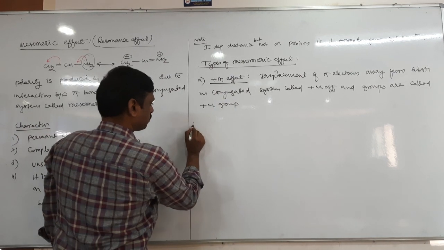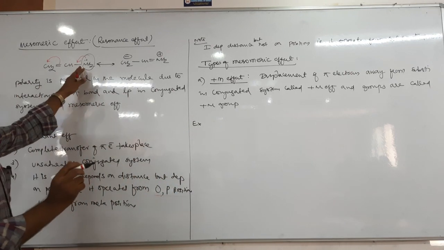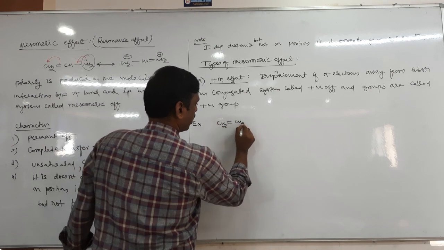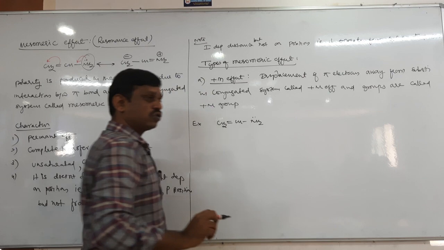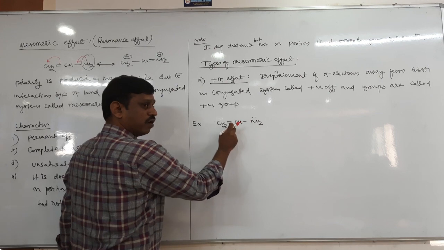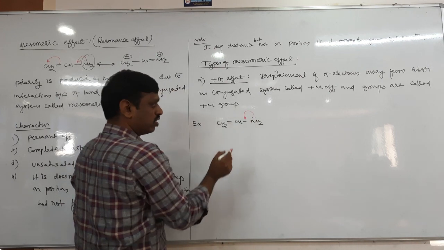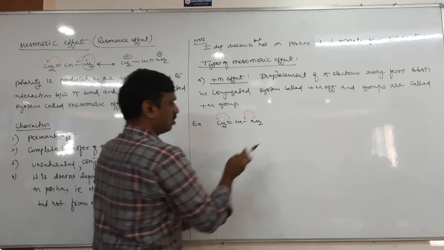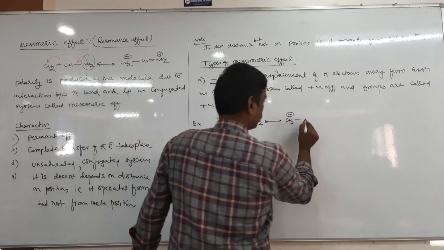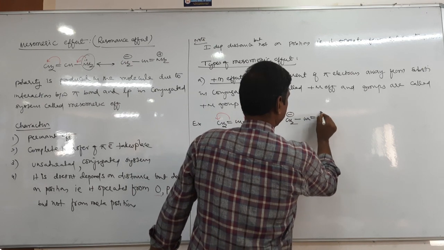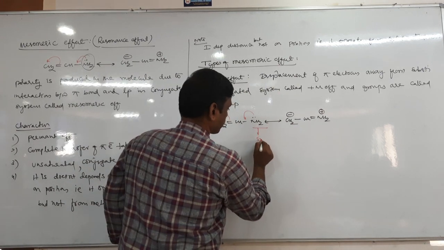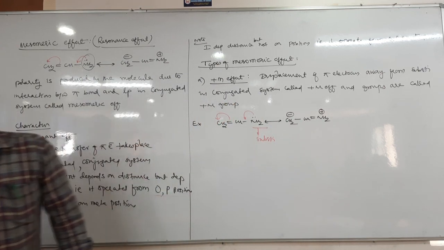Now let us see an example. So this example can be taken as a plus M. For example, CH2 double bond CH NH2. Nitrogen has one lone pair. Come on, tell me. Lone pair, sigma bond, pi bond conjugation. Therefore, the lone pair is involved in resonance. This pi bond shifted here. Then what is the resonance structure? CH2 negative, CH double bond NH2 positive. Now tell me, here this NH2 group is a substituent.